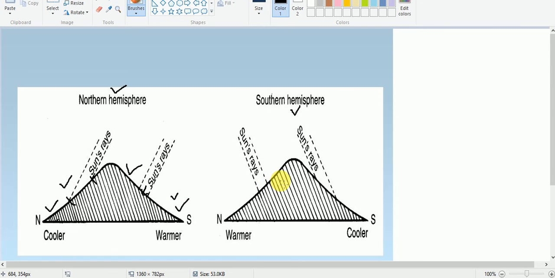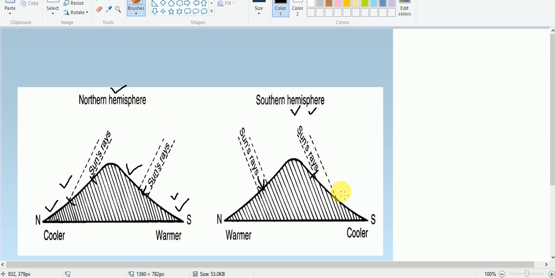And contrary to this, on the other hand, in the mountain range located in the southern hemisphere, the northern slope of the mountain will get the vertical rays of the sun, and hence the intensity of insolation will be high, and higher temperature will be recorded as compared to the southern slope.